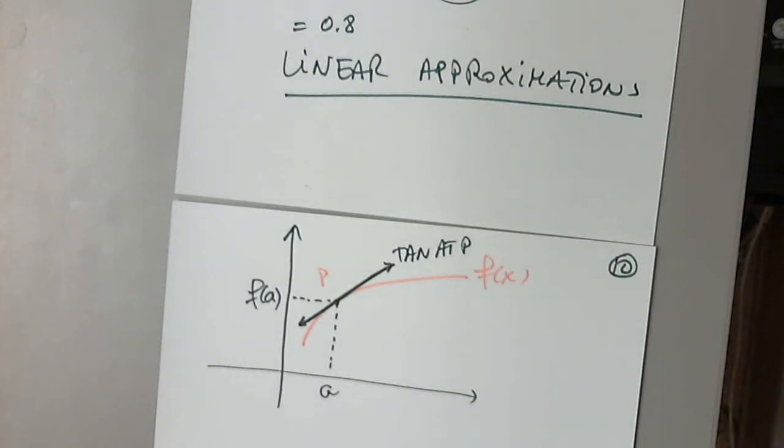My claim is that not here, not here, not here, but very close to this point, it doesn't matter if I use the function to evaluate or I use the tangent to evaluate. That's my claim.